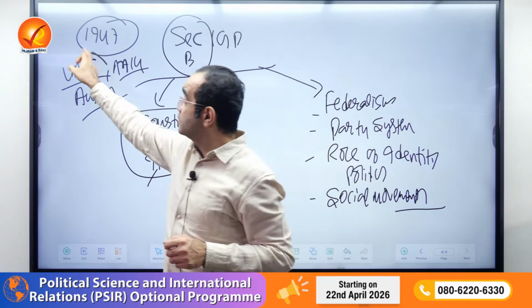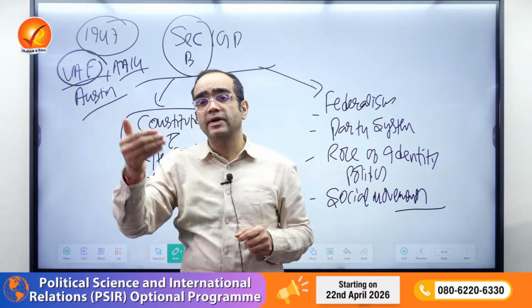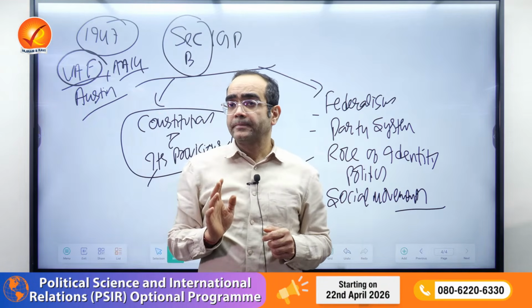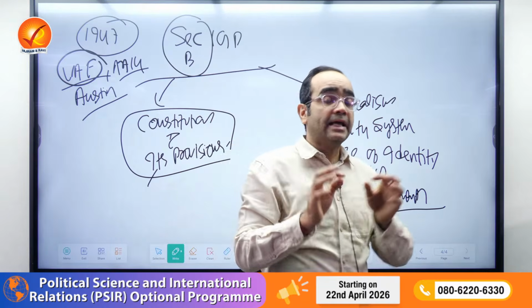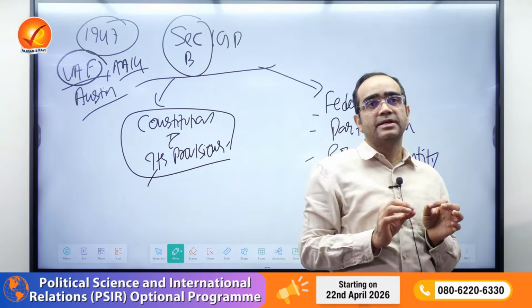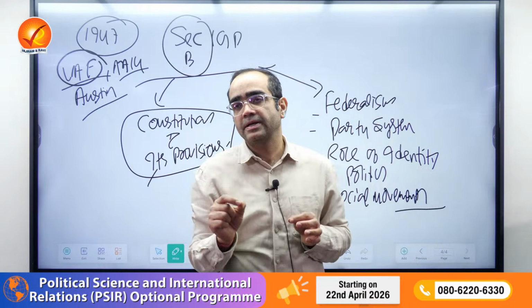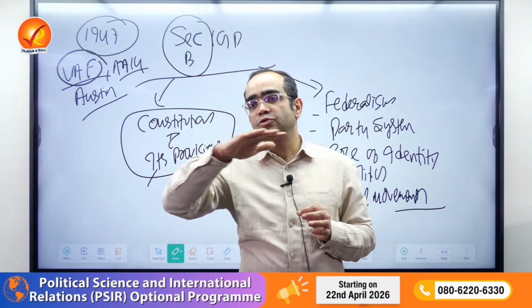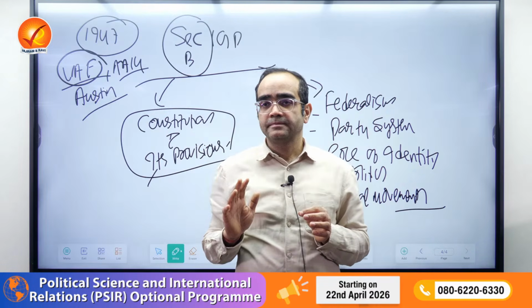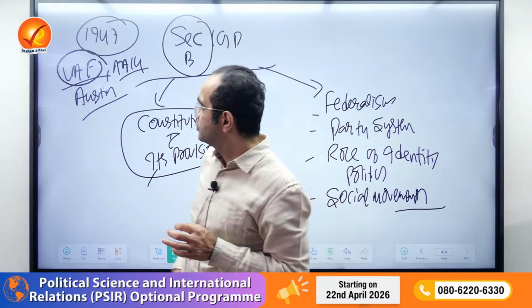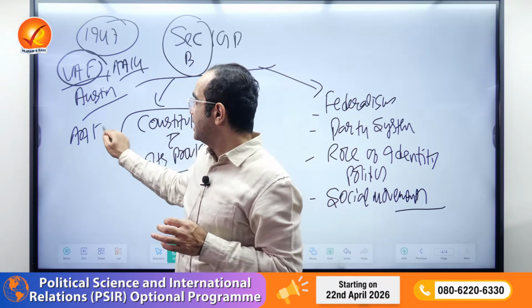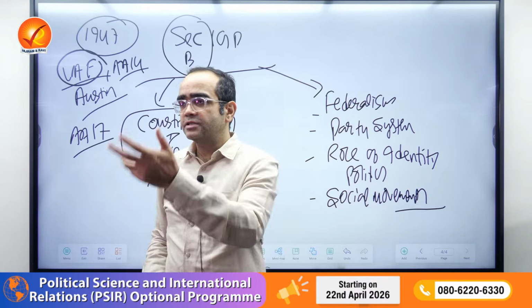So universal adult franchise, one person, one value, one vote. And this is how in an essentially inegalitarian society, with one stroke of pen, framers wanted to introduce equality. Article 17 of India's constitution banned untouchability, the practice of untouchability.